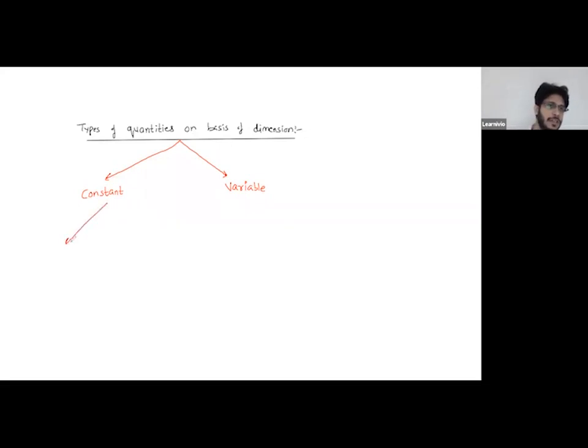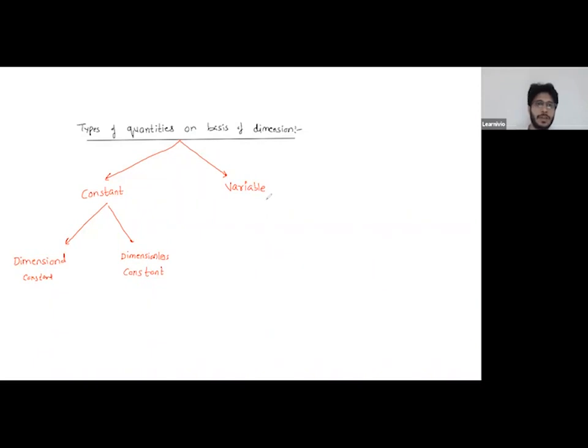Next, we can further divide these constants into two categories. Your constants could be dimensional, means constants which have dimensions, dimensional constant. Then you can have dimensionless constants, which don't have any dimensions.